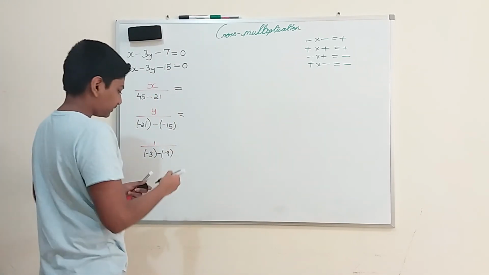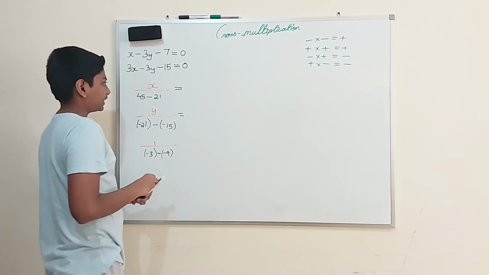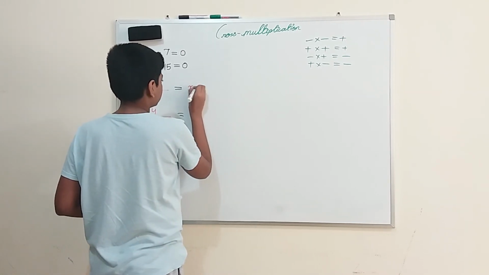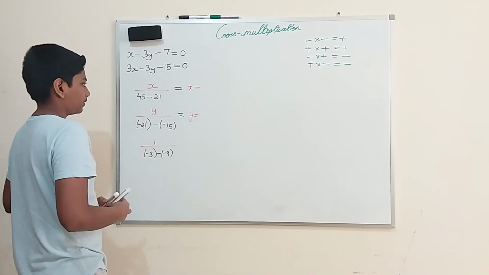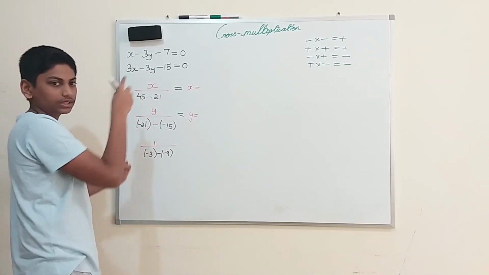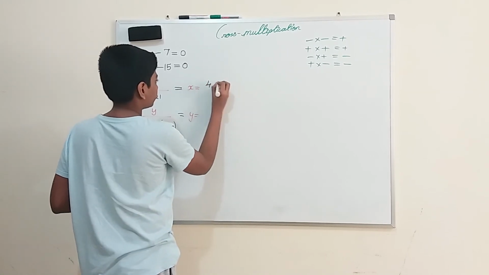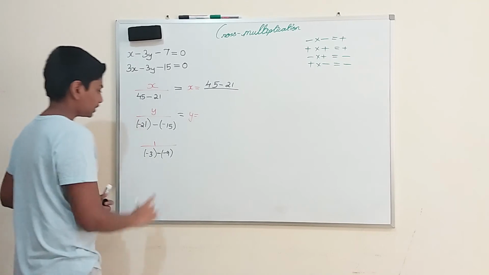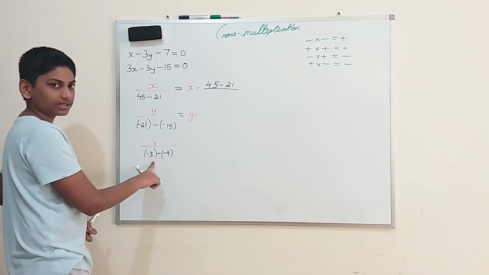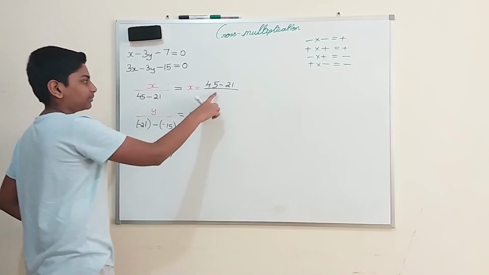So now I need to find the value of x over here. So x will be equal to, and y will be equal to what? The denominator will become the numerator. So 45 minus 21 by the denominator of 1 will become the denominator for x.